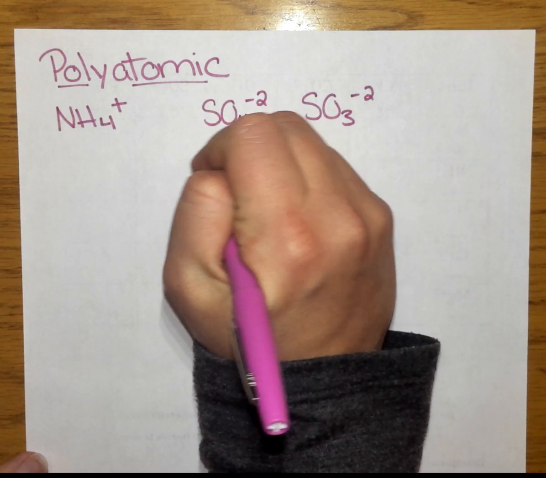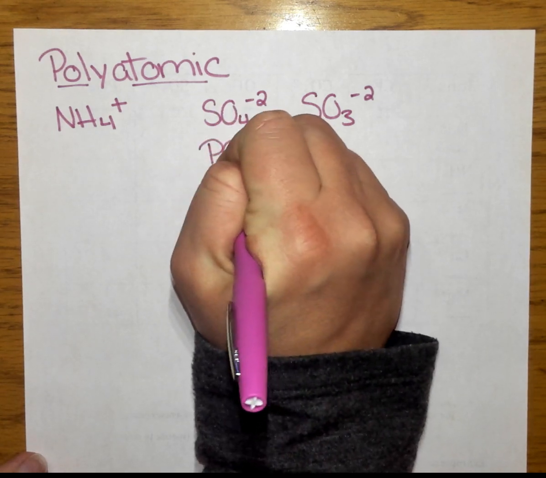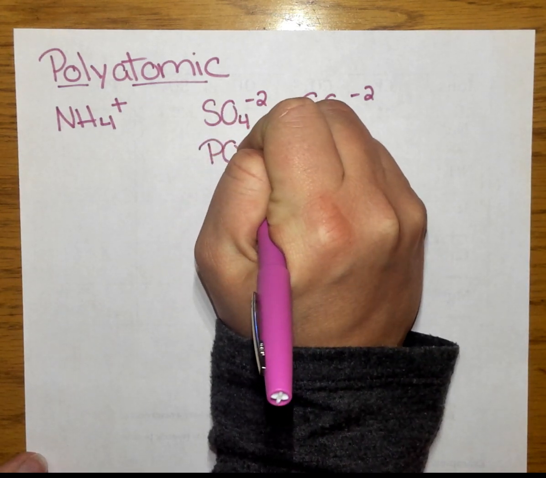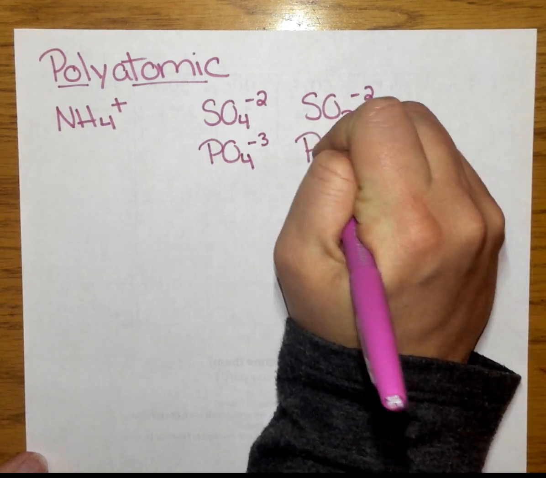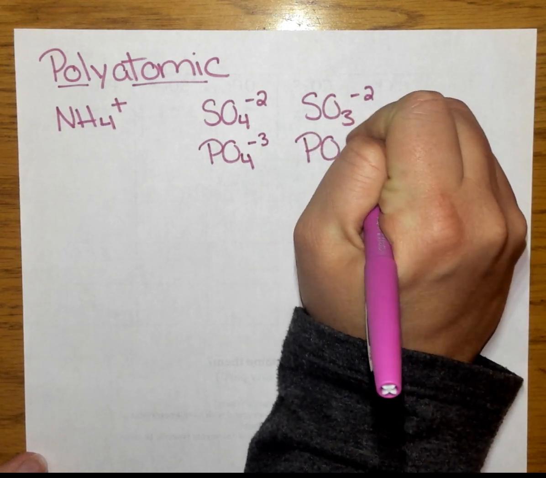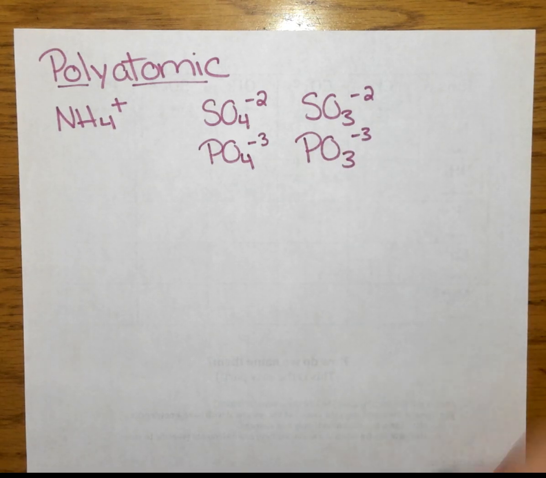Maybe we have a PO4, which is a phosphate ion, which is a -3, or a phosphite ion, which is also a -3. Now these become really tricky when you're naming or when you're trying to identify different compounds because their letters are so similar.